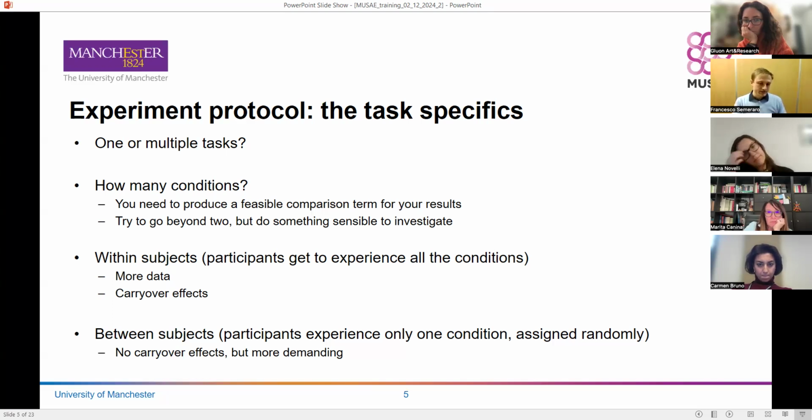On the other hand, unfortunately, this could bring the risk of carryover effects.